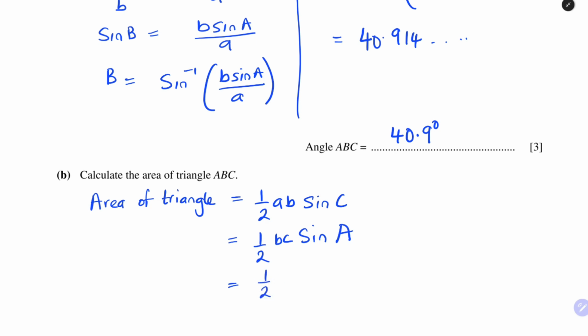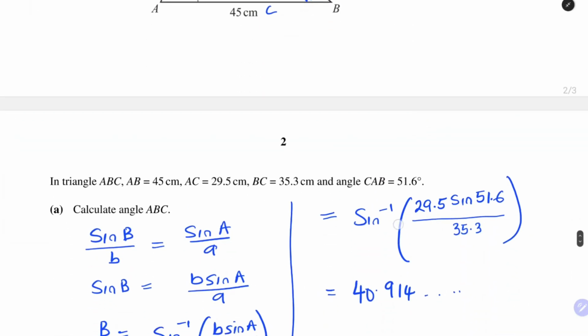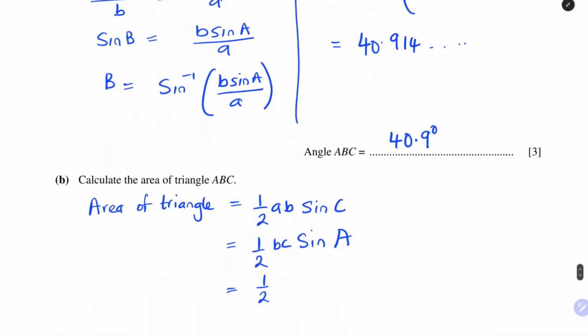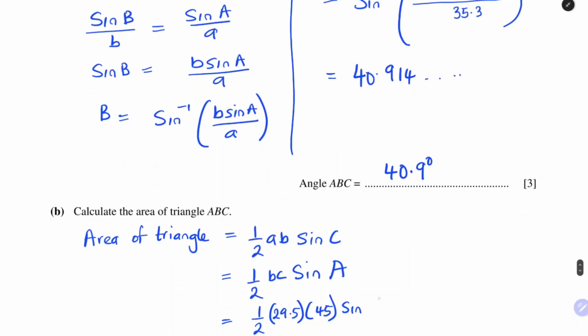All right, so let's just substitute our values. 1/2, what's our b again? Our b is 29.5. Our c is 45. And the sine of angle A. Angle A is 51.6.